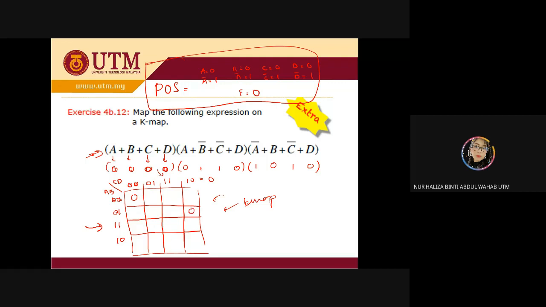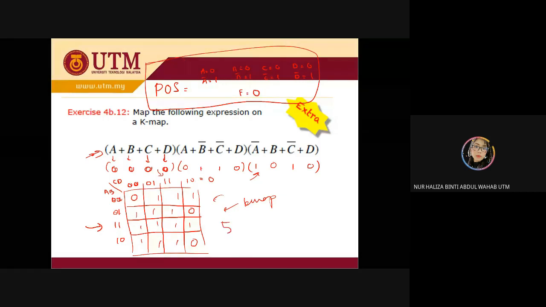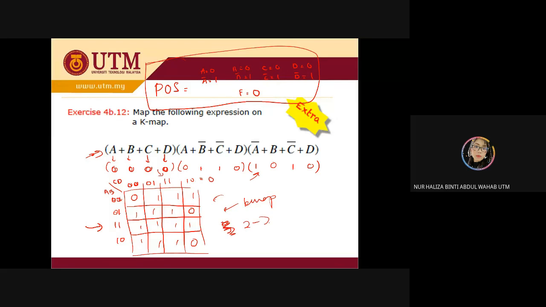So I put here as 0. Last one, I have 1, 0, 1, 0, 1, 0, 1, 0. I put 0 here. The rest will be 1, 1, 1, 1, 1, 1. I'm done with my KMAP in about 2 or 3 minutes only.